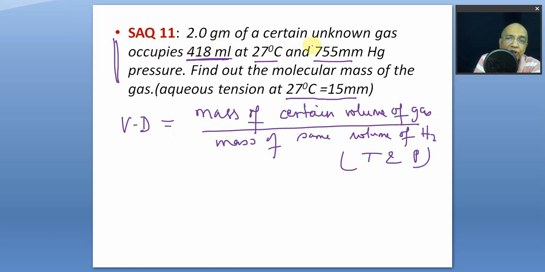2 gram of a certain volatile liquid, in Victor Meyer's experiment, displaced this many milliliters of moist air at this temperature and pressure. So let me change this question.